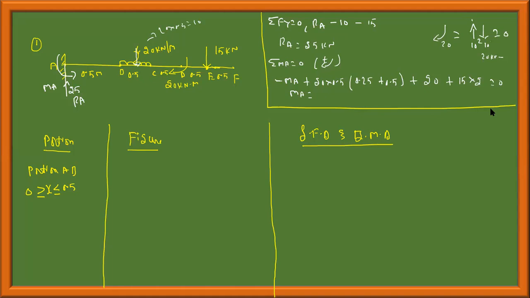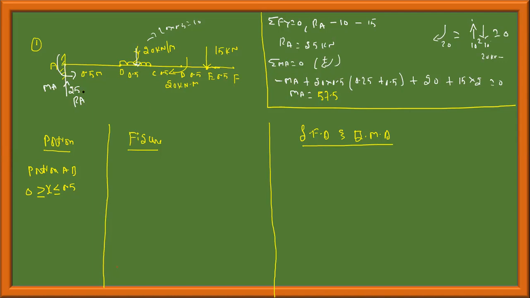MA is equal to, what is the sign? Positive 57.5, right? Since this is positive 57.5, whatever direction we have assumed and whatever value we have got, positive 57.5, therefore this is correct.